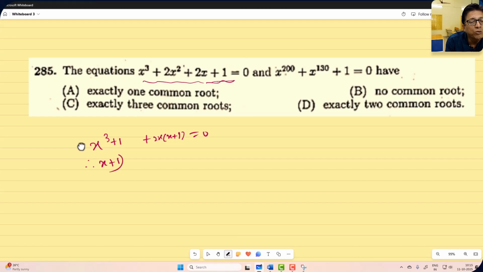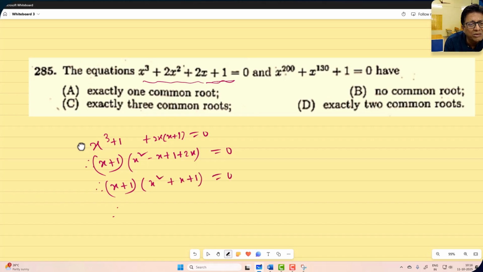So you take x plus 1 common, factorize the first one, plus 2x equal to 0. This is not a difficult one. This is a simple question. x is minus 1 and you know the roots of this equation, that is omega and omega square.